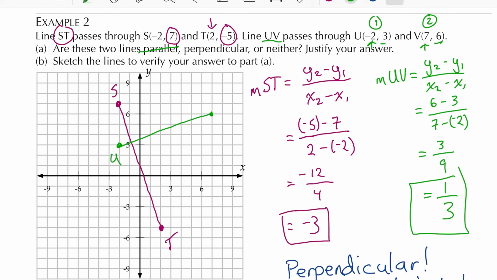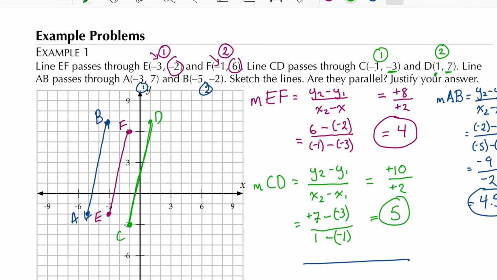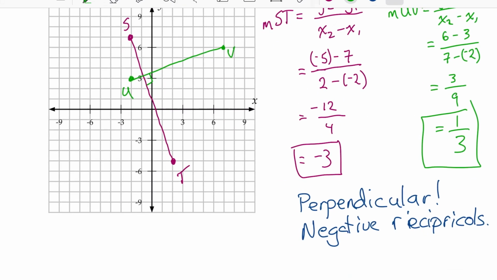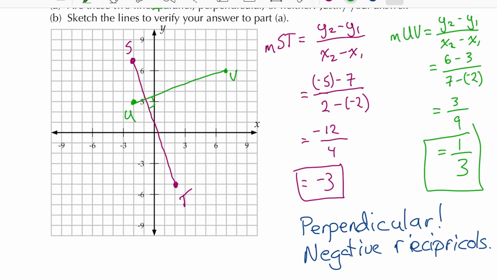And this is U and V. They look like they are perpendicular. But remember, in the last question, it was hard to see that those lines aren't parallel because their slopes are close to each other. So here, it's hard to see if they're perpendicular or not just from the graph. It's much easier to judge from the actual slopes.